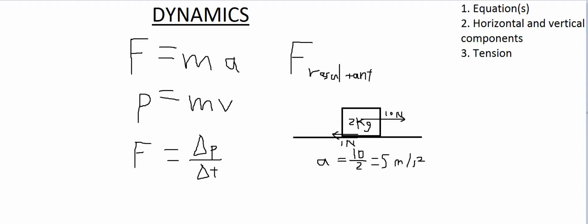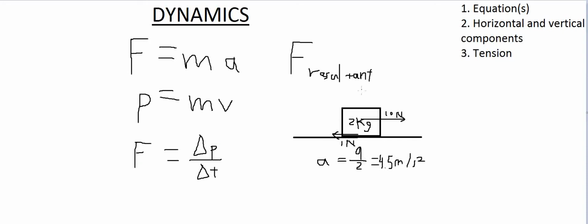So the acceleration is not 5 meters per second square anymore, but it's actually 9 over 2, which is 4.5 meters per second square. Okay, so just take this into account.